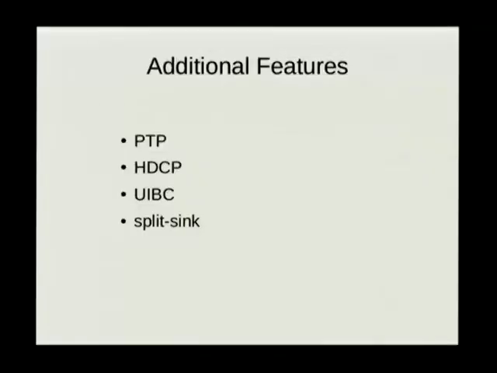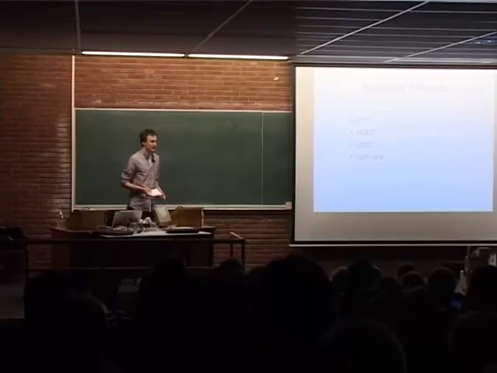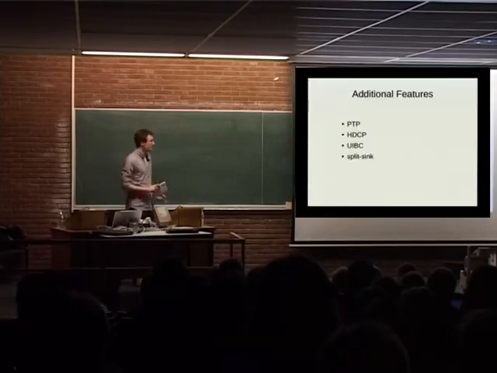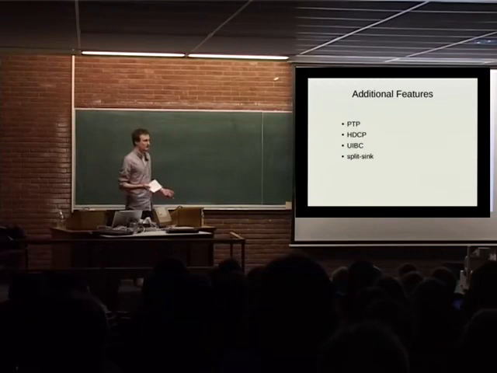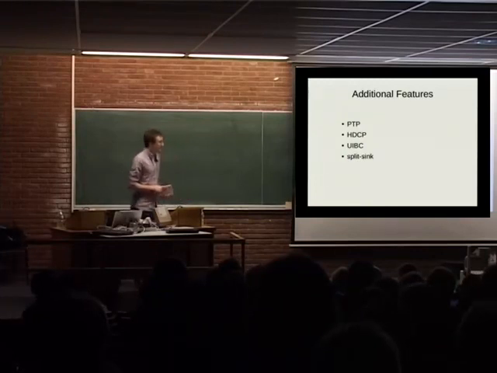As I said, I got that working really fast, but there are optional features you can use, like PTP. PTP is used to synchronize the clocks, so that's very important for the last of these features, which is split sync. Split sync means you have one audio device and one video device, and you send the video only to the video device and the audio only to the audio device, and they are not connected to each other, and you obviously need to sync the clocks between all three, or it won't work.